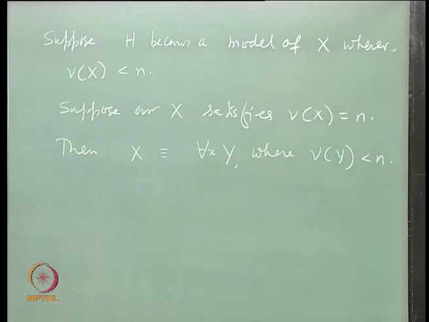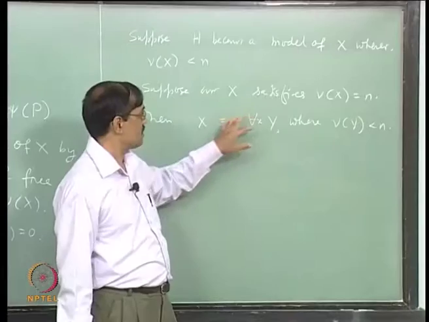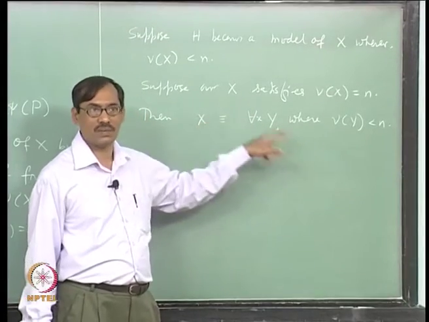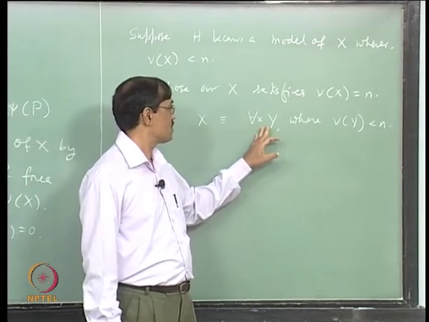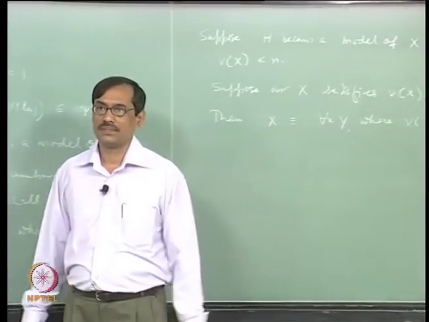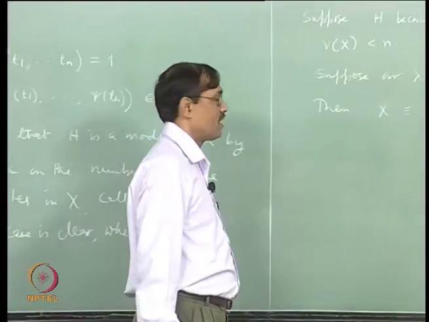There is one more free variable in X, so call it small x. Then X is really for each x1, for each x2, for each xn, then some quantifier free formula. So, first for each x, after that whatever remains we call it y. So, y has number of free variables less than this, we are writing this way because each variable in X is universally quantified, fine. So, we can write X is same as for each x y, for some y with nu y less than n.